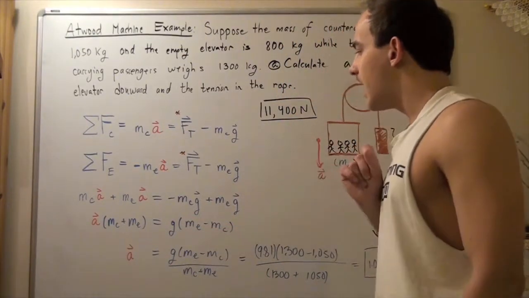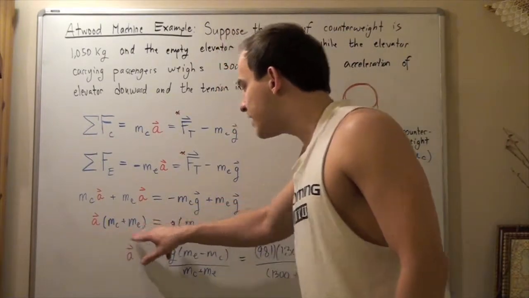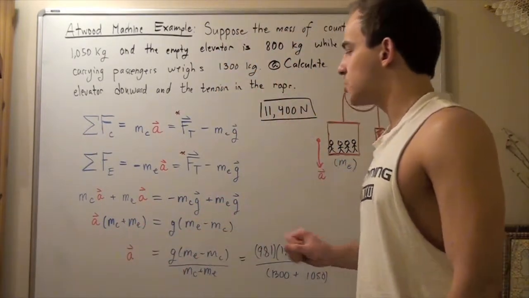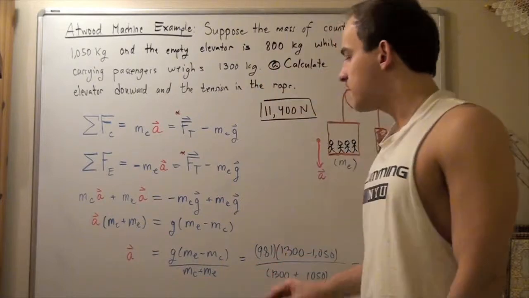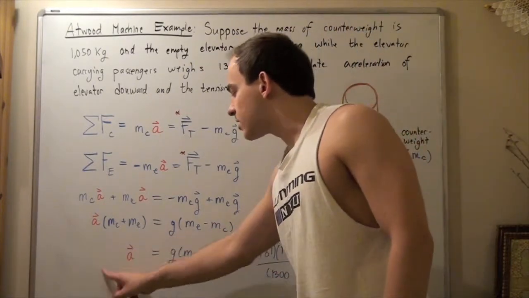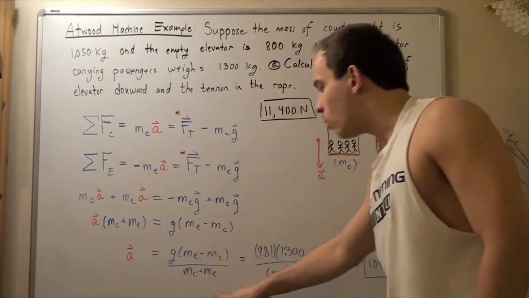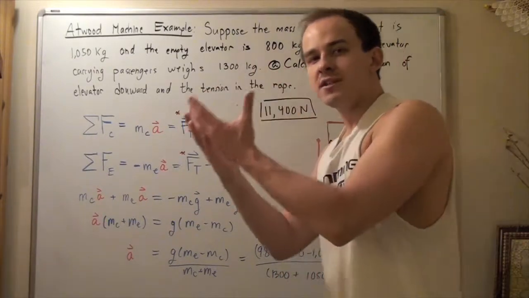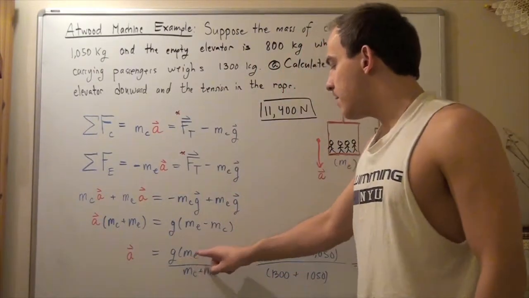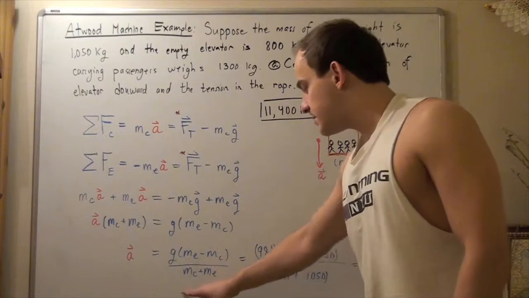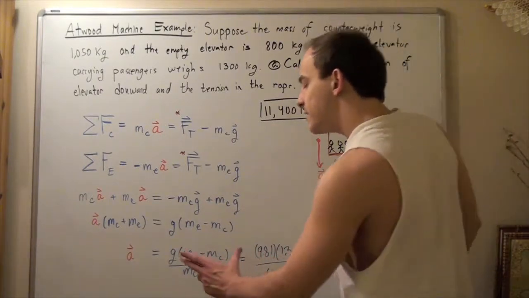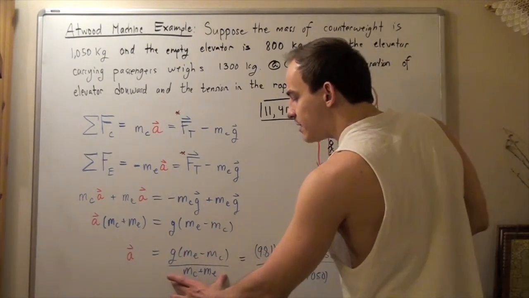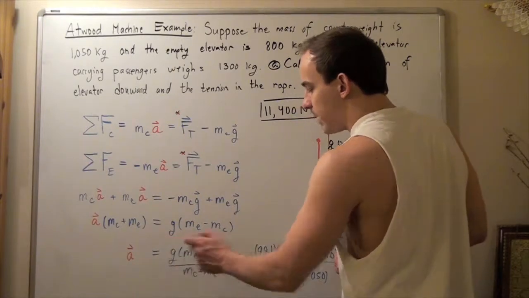So we want to find what the a is. We know what these are, so let's bring this over here, and we are left with our acceleration equal to this whole formula: gravitational constant g times (m_E minus m_C) divided by (m_C plus m_E). So we're taking the masses away, then adding the masses and multiplying our result by g.